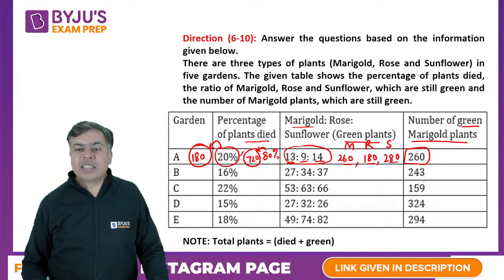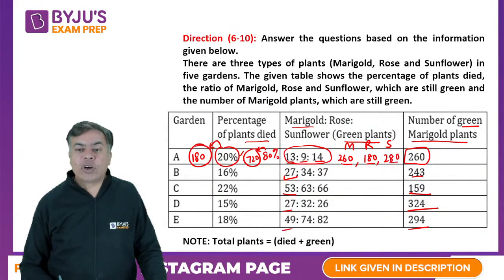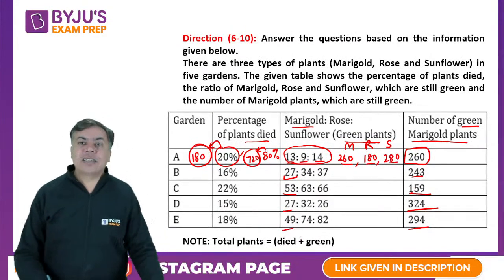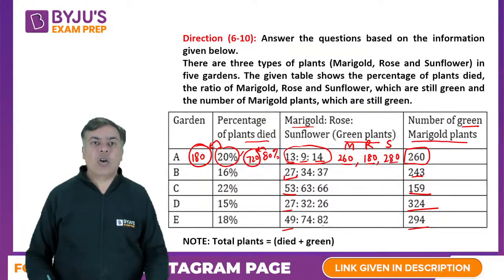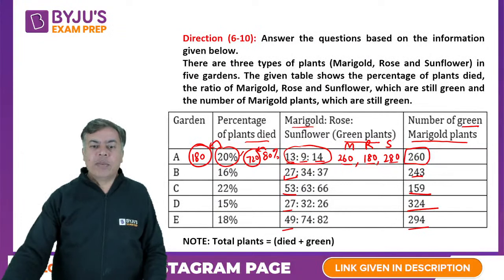See here, 243 is given, which is 27 into 9. 159 is given, which is 53 into 3. 324 is given, which is 27 into 12. 294 is given, which is 49 into 6. So you can multiply into 6, and that will give you all the values. Now come to the questions.